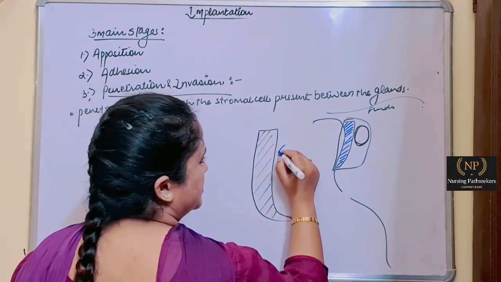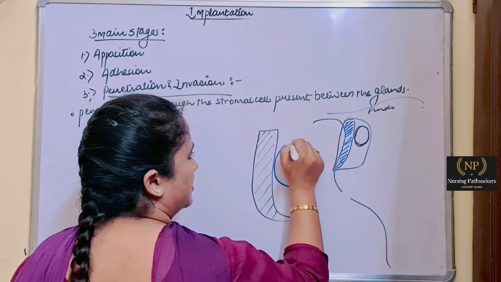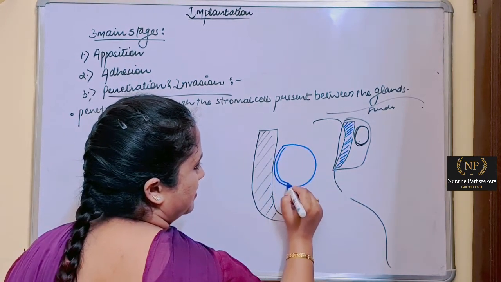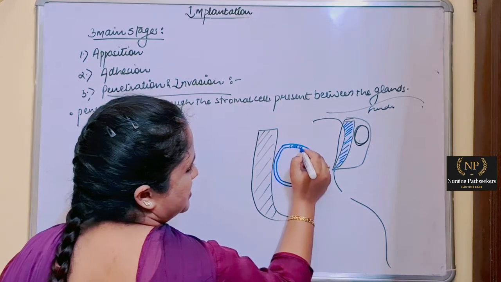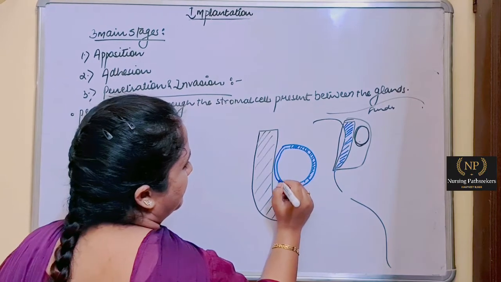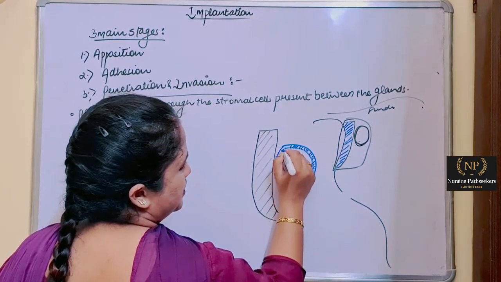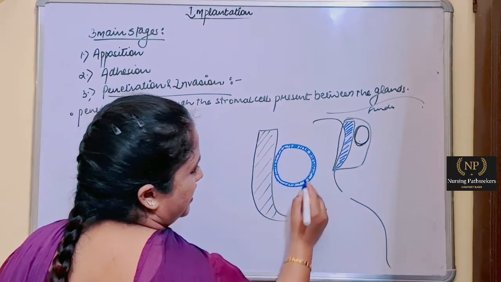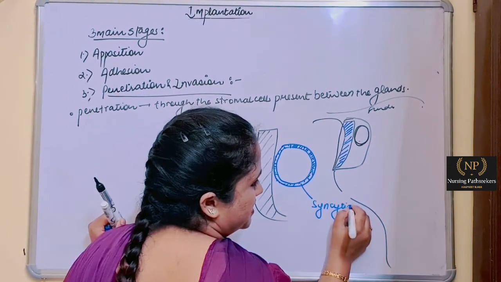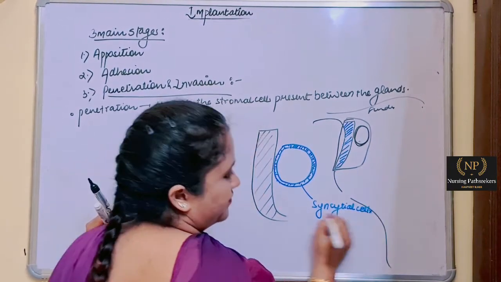This is the endometrial lining, this is the blastocyst, and this one is the trophoblast layer of the blastocyst, and it contains syncytial cells.